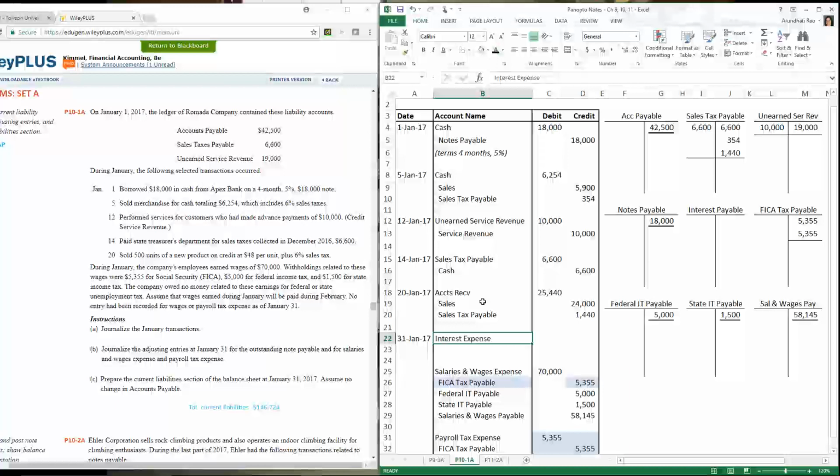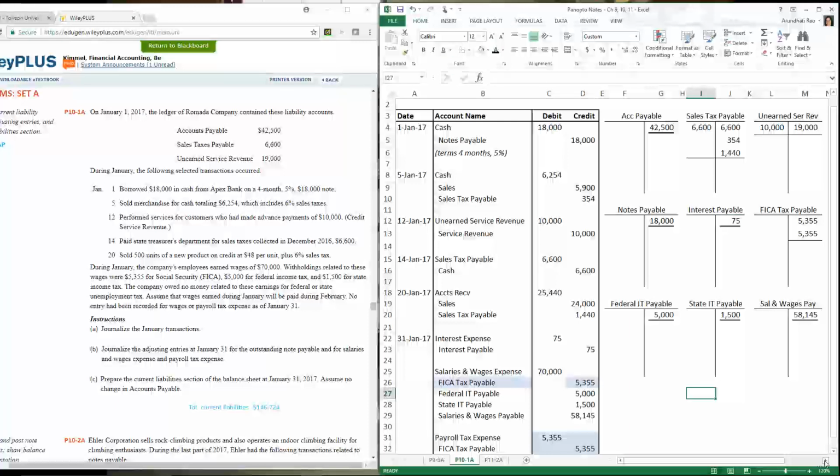My journal entry is going to be interest expense debit, interest payable credit, $18,000 times 5% times 1 over 12, because I'm accruing only for 1 month. That's $75.